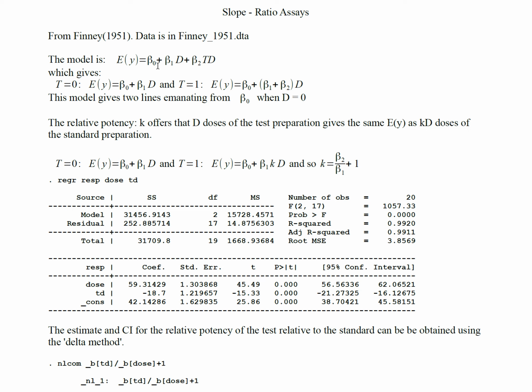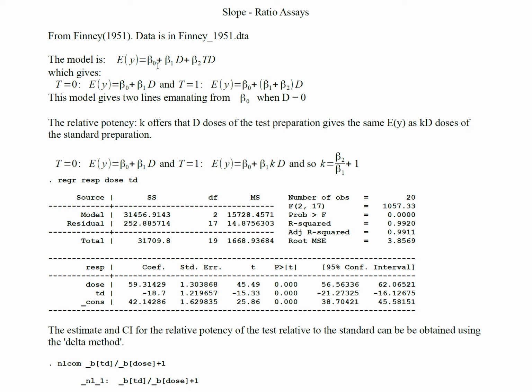Well, the slope ratio models that we're looking at here do not have the centering option. We would not center dose because the dose of 0 here is crucial. It is central to this particular circumstance. Centering dose changes everything. And that's correct because something specific about this model and the fact that the two lines must emanate from a 0 dose is crucial to the use of these models.